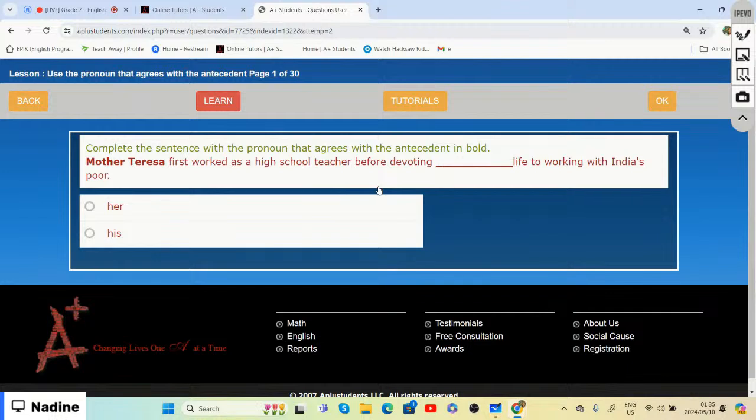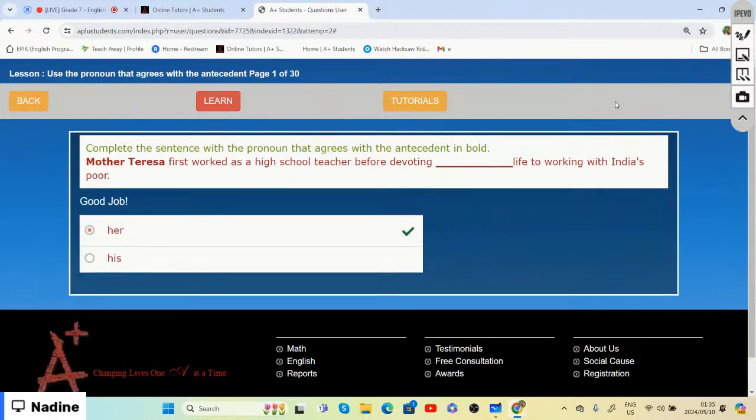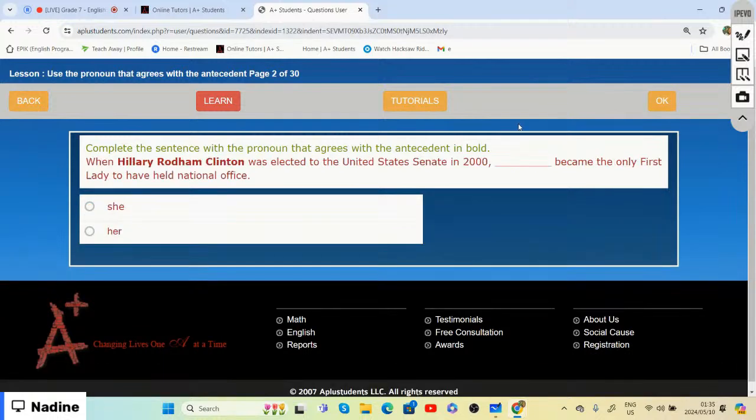All right, and if we select the pronoun that agrees with the antecedent in bold, which is Mother Teresa, then we will say before devoting her life to working with India's poor. So her refers to Mother Teresa.